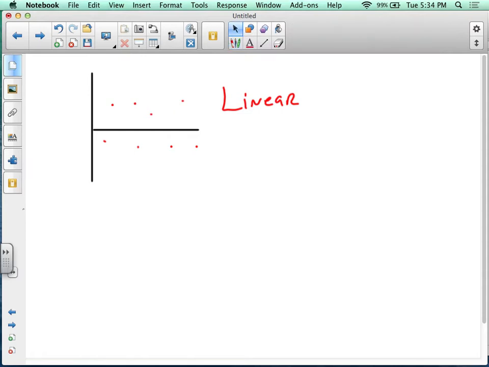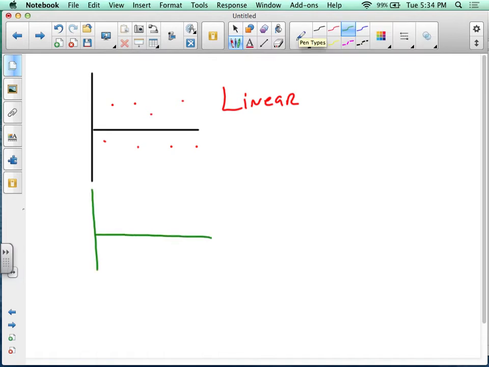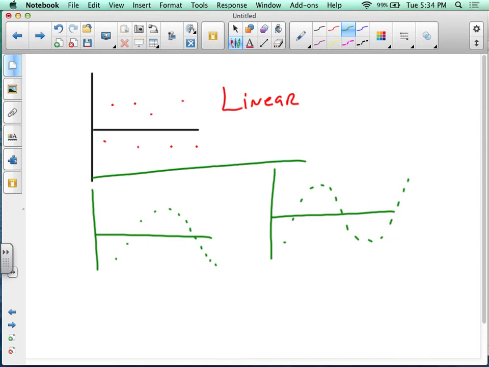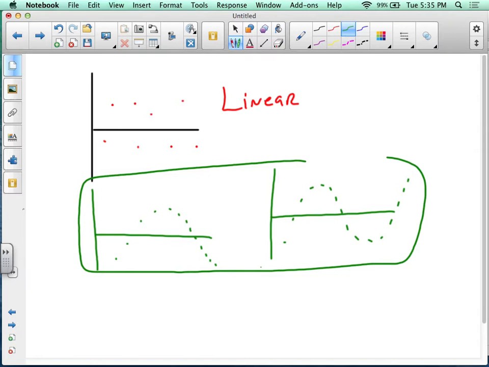If, when you create your residual plot, it shows a pattern and it's very distinct, it could be like that, or it might even be a pattern like this. If you see any type of pattern that is very distinct, this means it is not linear. Okay? It is not linear. So that's how you either prove or disprove whether or not data is linear.